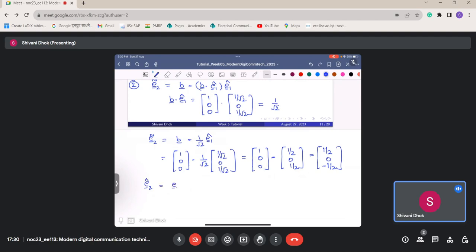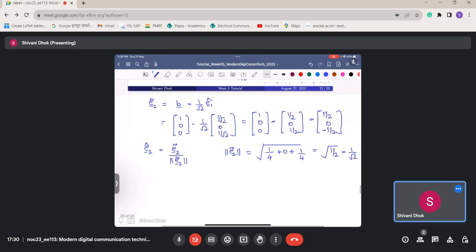This E2 hat is E2 tilde upon norm of E2 tilde, and the norm of E2 tilde is simply the square root of 1 by 4 plus 0 plus 1 by 4, which is the square root of 1 by 2, which I can write as 1 by root 2.